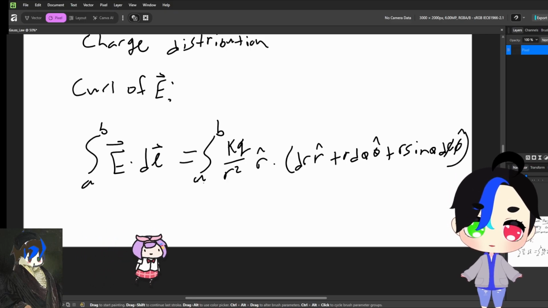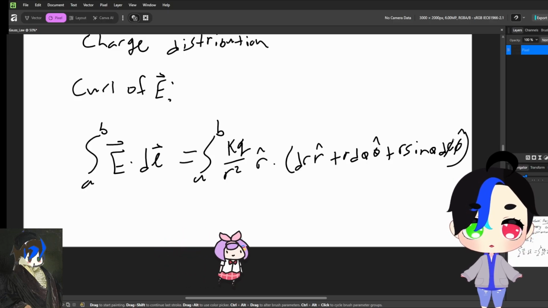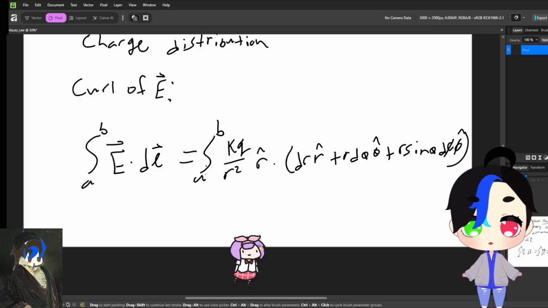If I take the dot product, these terms are zero because r hat dot theta hat and r hat dot phi hat are both zero.